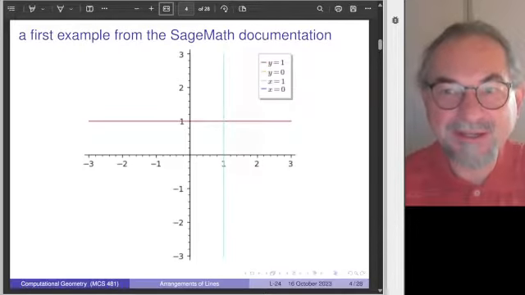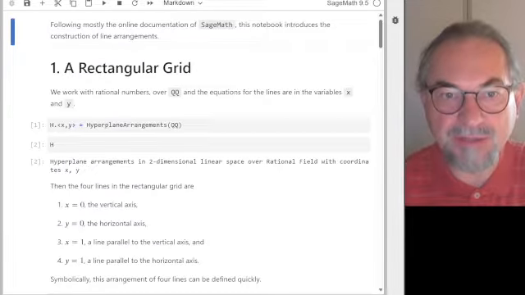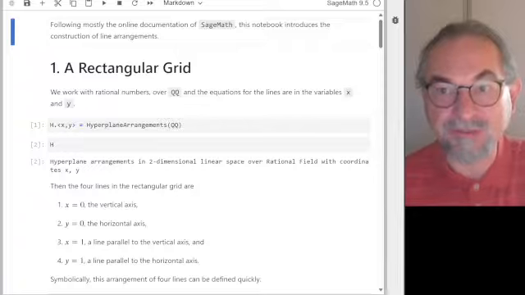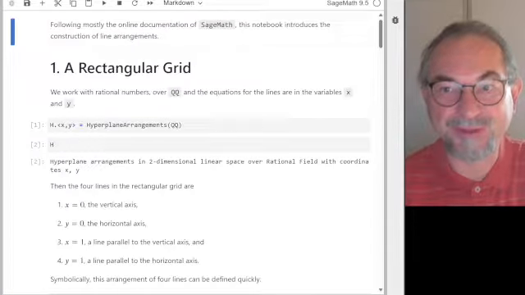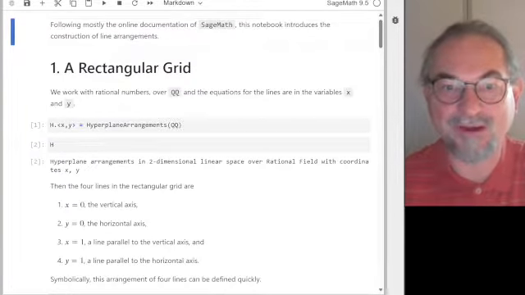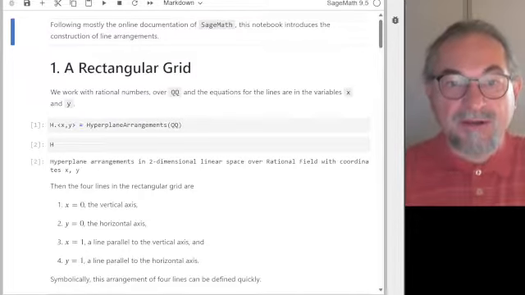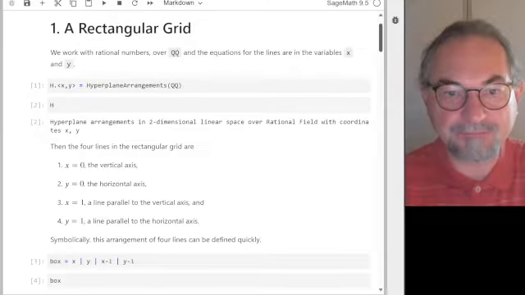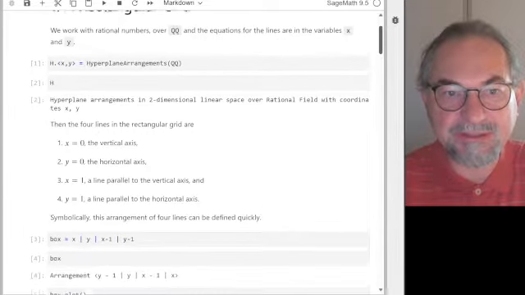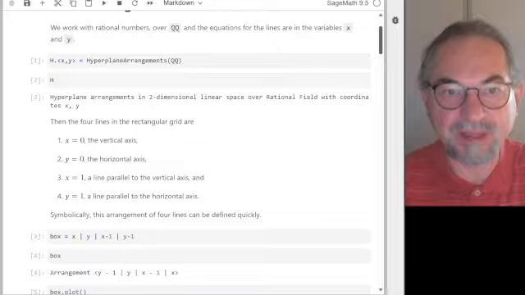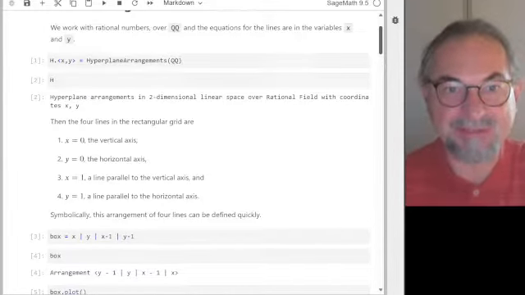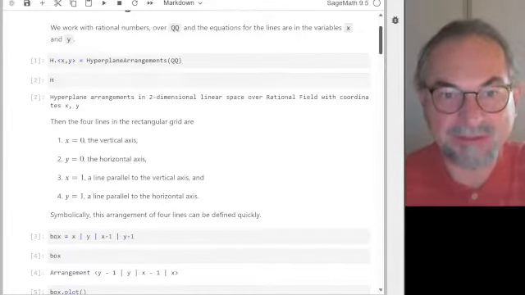Okay, so let me now go to the Jupyter notebook. I tried to make the Jupyter notebook self-contained, and there is much more that we can do than just looking at 4 lines in box. Let me go through this notebook. So I documented it. We have the line arrangement, but in SageMath it is a hyperplane arrangement.